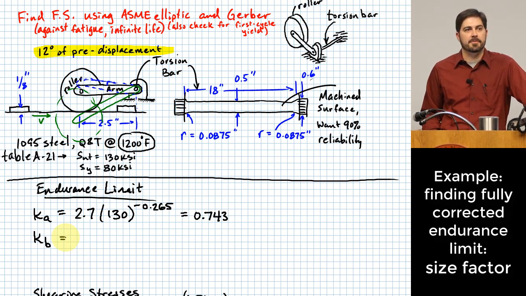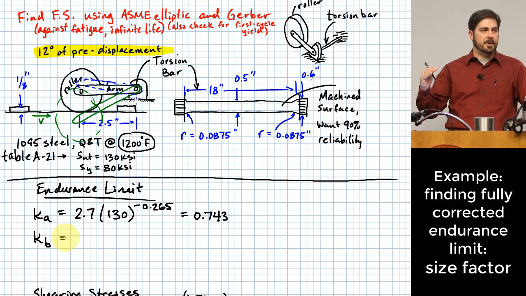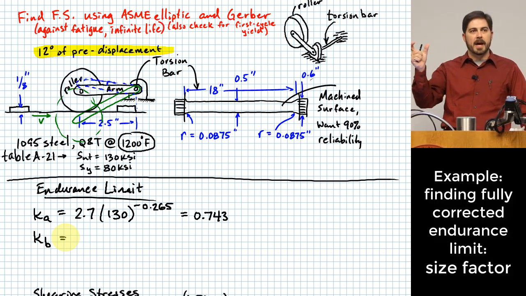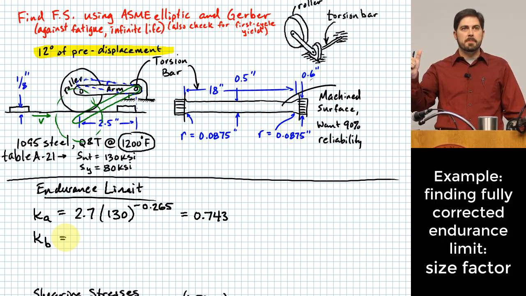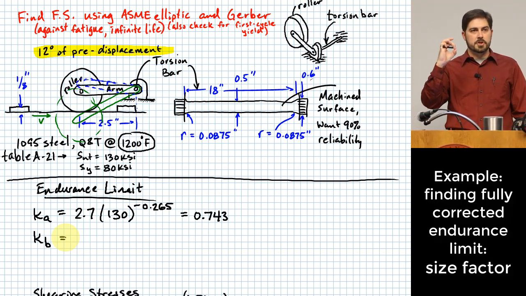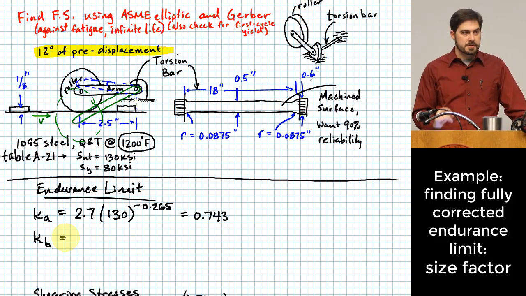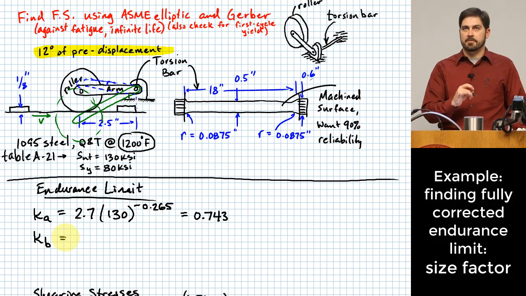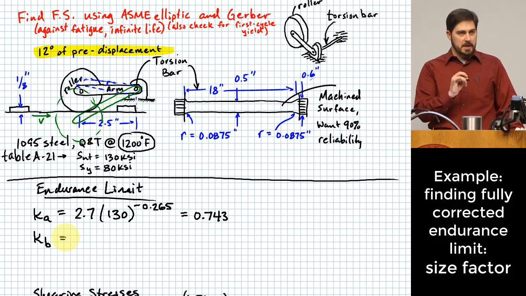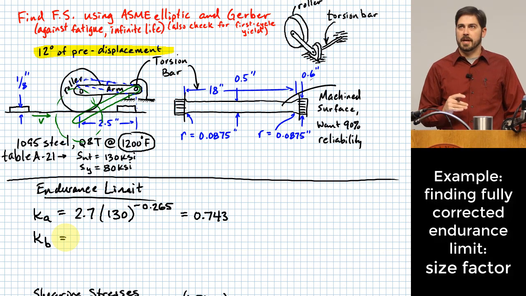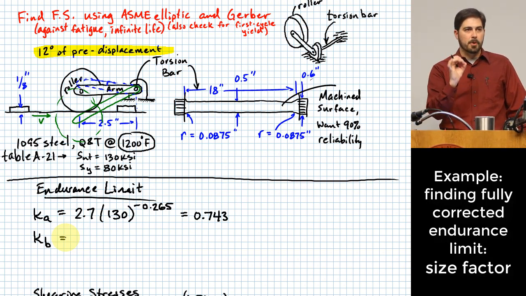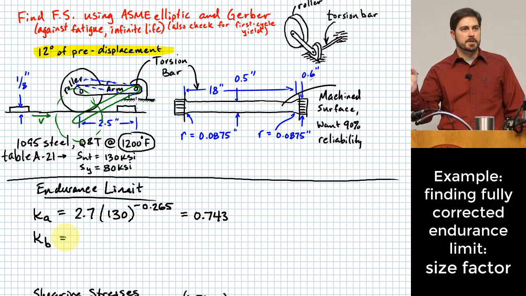Think about the amount of area that reaches 90% or higher of the maximum stress. What shape is it? It's kind of a donut shape, right? Which is the same thing you get in rotating bending. So we can directly use the equation we have for the size effect, K sub B, for this torsional case, because the shape of the most highly stressed material is the same as in a rotating bending test.